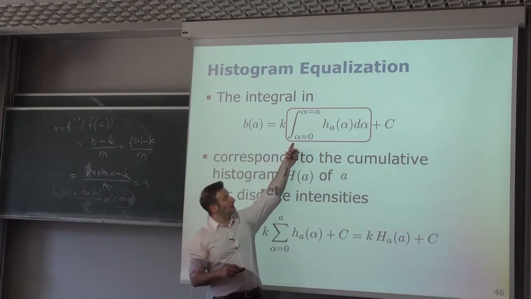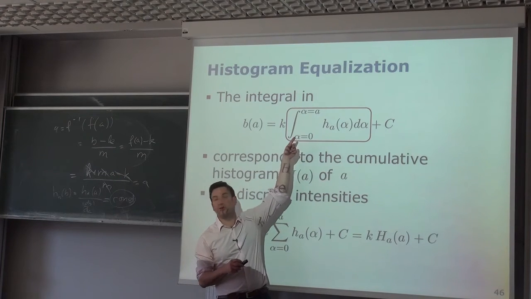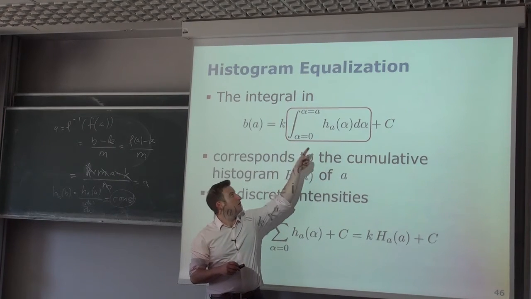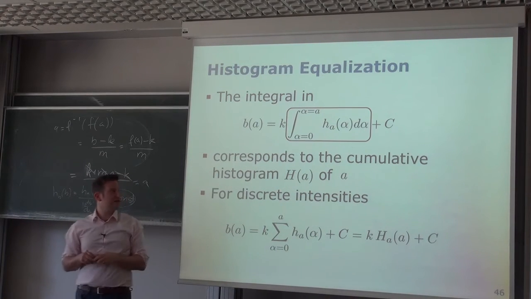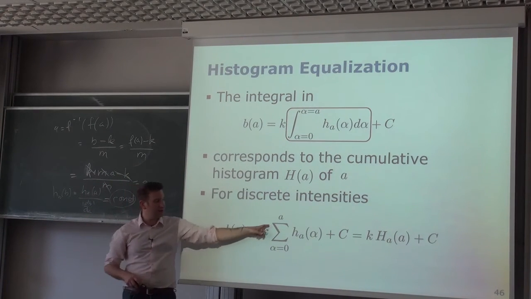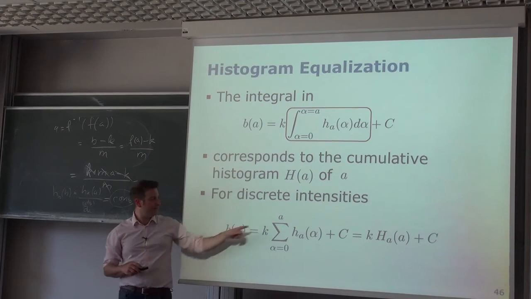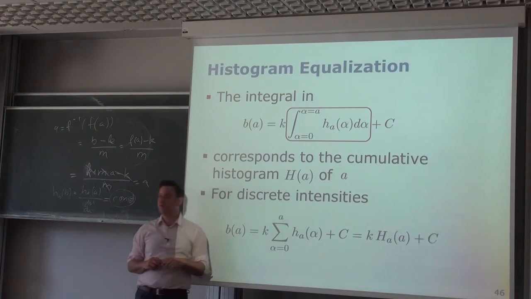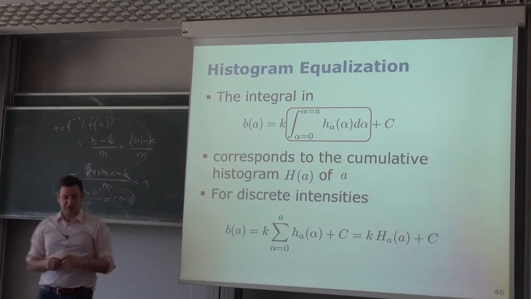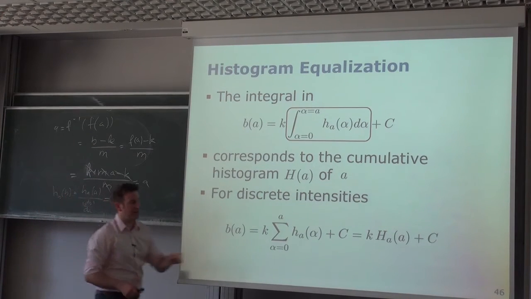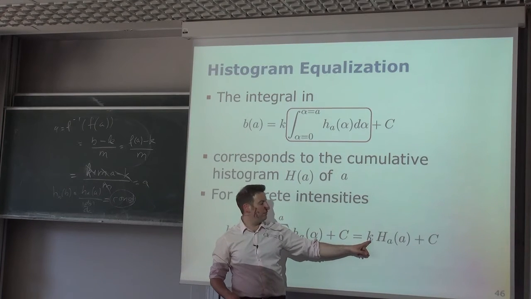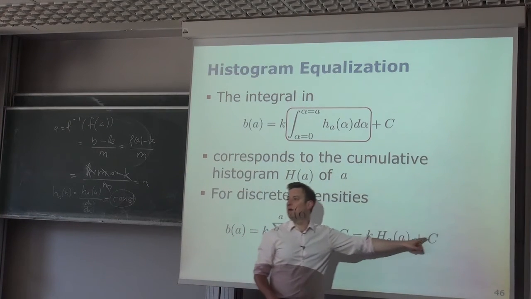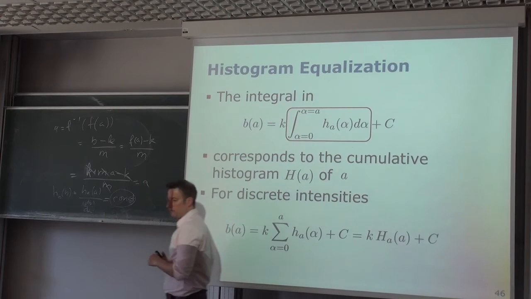So I'm basically saying how many intensity values from 0 to a certain value A occur in my image. So if I'm living in a discrete world, I can replace this integral by my sum. So it's the sum over all intensity values from 0 to A, which is exactly my cumulative histogram. So this equation turns into just a factor k of the cumulative histogram plus a constant c.